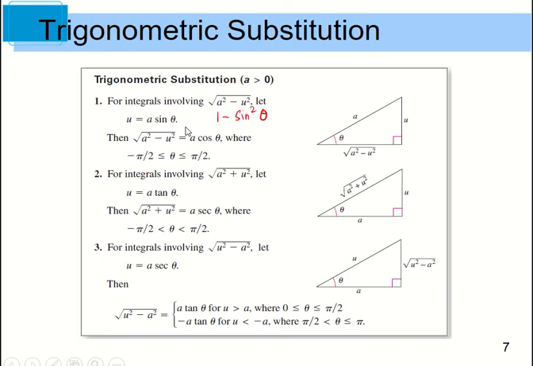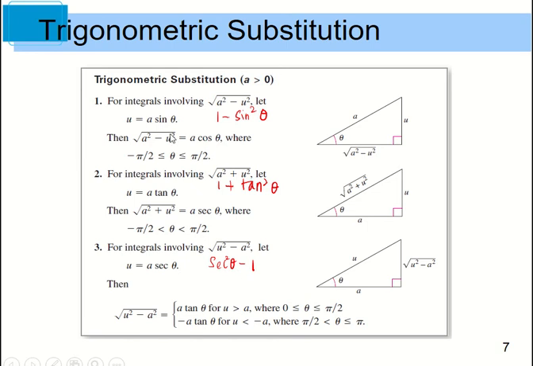When we have a square plus u square, remember this is in the form of 1 plus tangent square theta, so we let u be a tangent theta. And when we have the form secant square theta minus 1, we are going to let u be a secant theta.